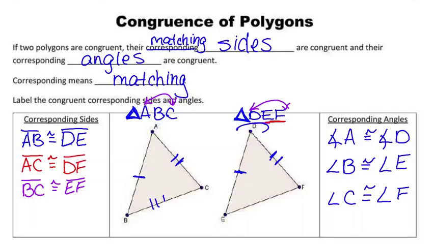And then BC, which gets 3, is going to be congruent to EF, which gets 3. Now, if you were paying attention when I did the angles, angle A, they get little arcs, is congruent to D. And B is congruent to E. And C is congruent to F. So you can see my little geometric markings. I can match my congruent sides, I can match my congruent angles, just by looking at the marks.